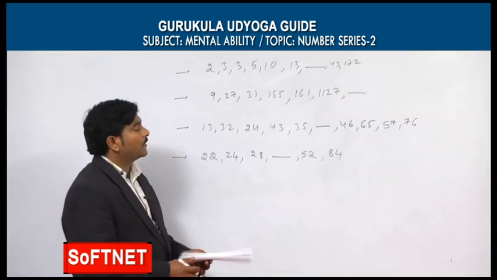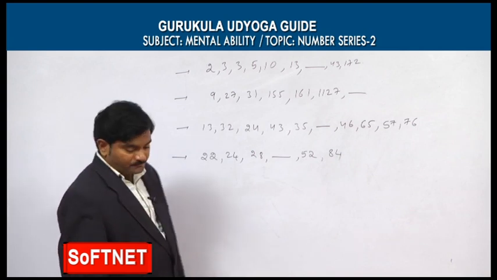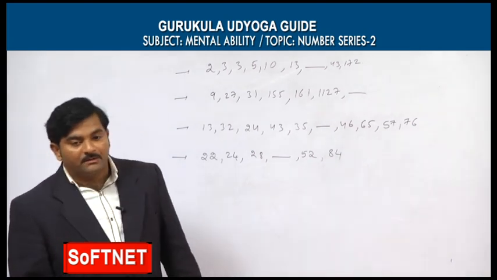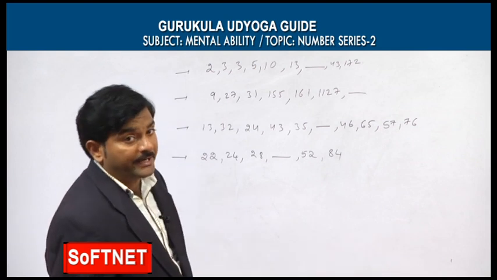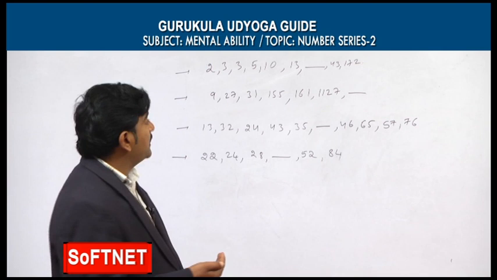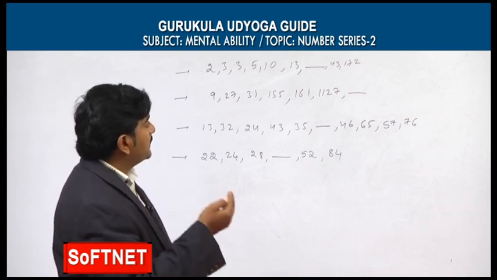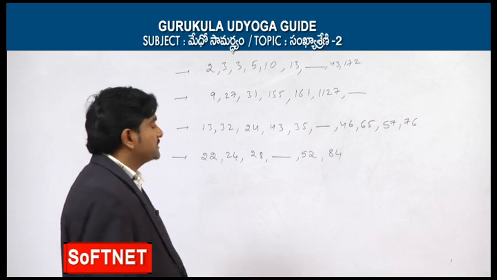Okay. There are 4 columns on the board. Observe the first column. By saying first column, what are you getting? Are you getting any idea or not? 2, 3, 3, 5, 10, 13, dash, 43, 172.